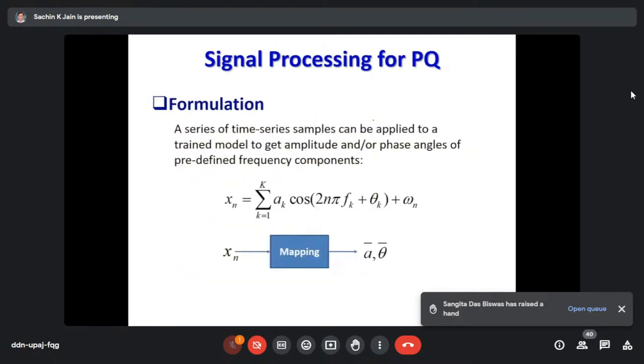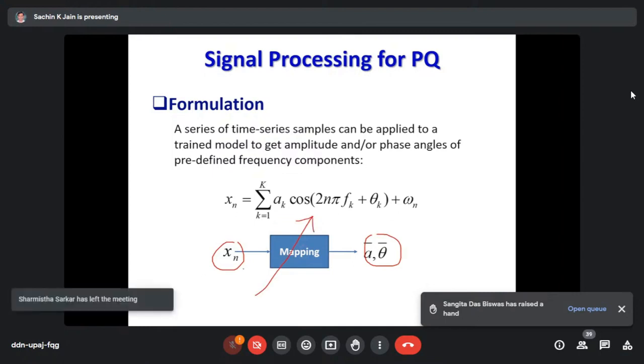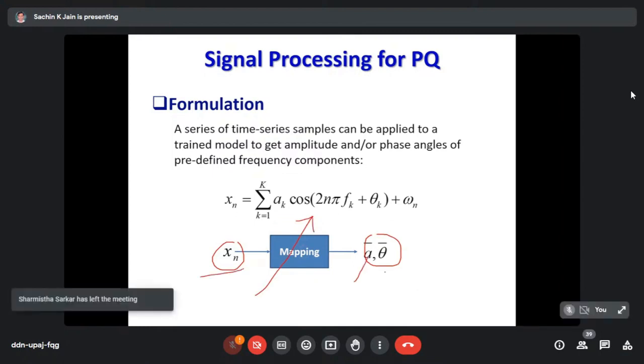So this is how it is formulated. It is a black box mapping. So we have some input data and some known output data. Through this, we perform training and set these parameters. And once we have set this, then for new values of xn, it will provide you A and T, means amplitude or phase or frequency, whatever you want. So we use a series of time samples for these purposes.